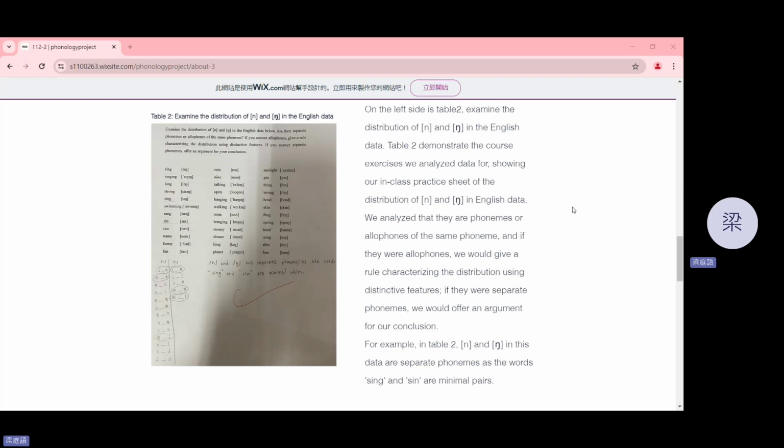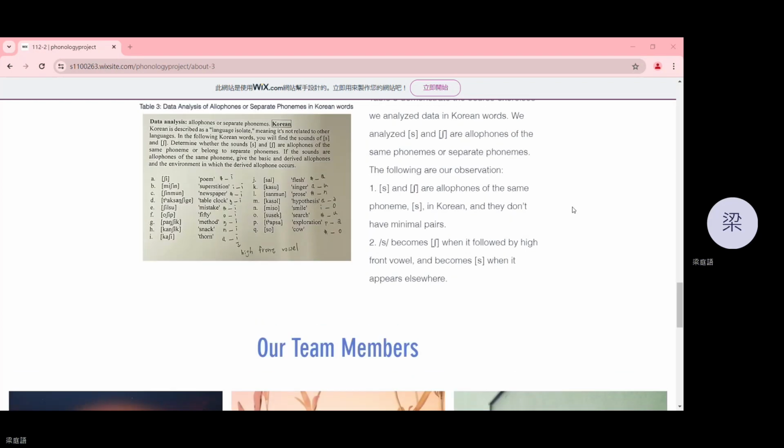We analyzed whether they are separate phonemes or allophones of the same phoneme. If they were allophones, we would give a rule characterizing the distribution using distinctive features. If they are separate phonemes, we would offer an argument for our conclusion.